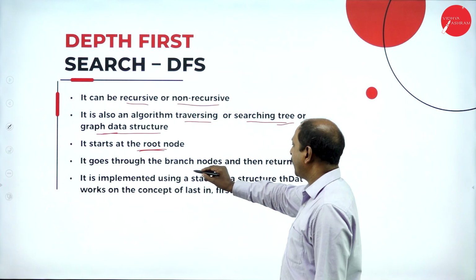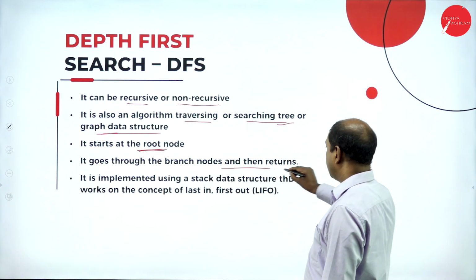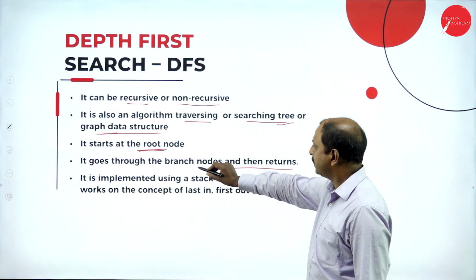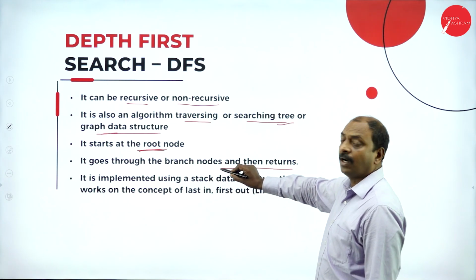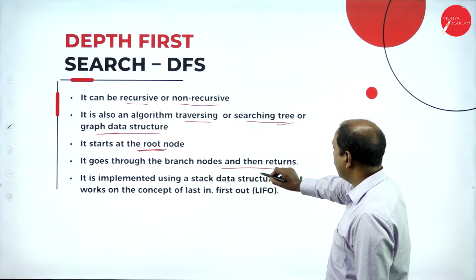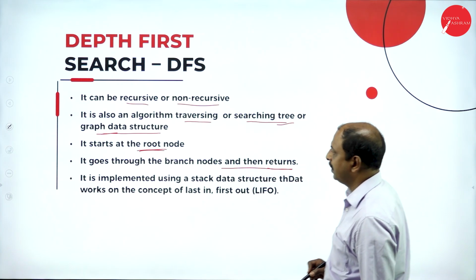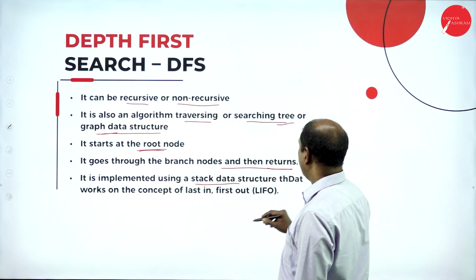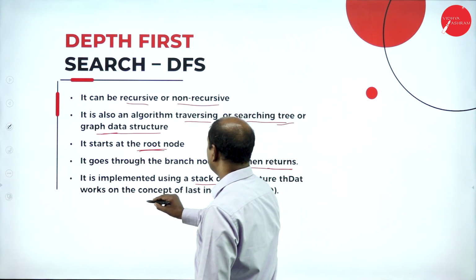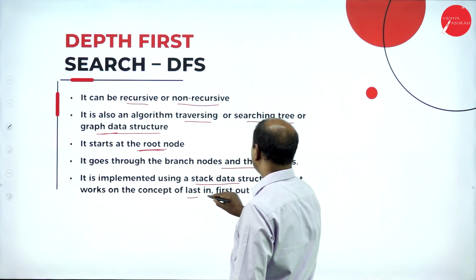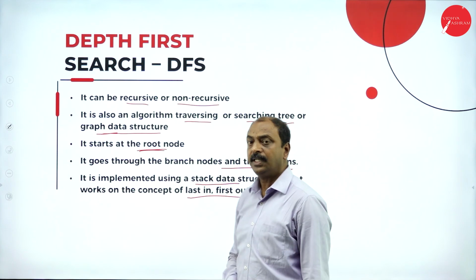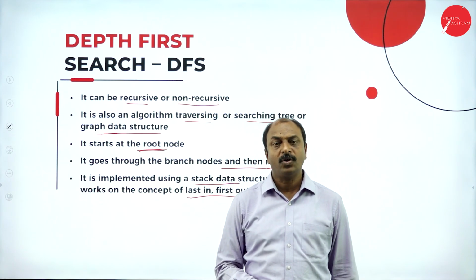It goes through the branch nodes and then returns, means it is going to traverse the tree and reach the destination. It is implemented using stack data structure, and it works on the concept of last in first out, LIFO. So stack is a data structure which works on LIFO concept.